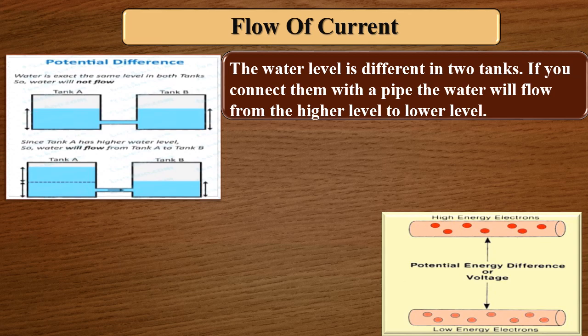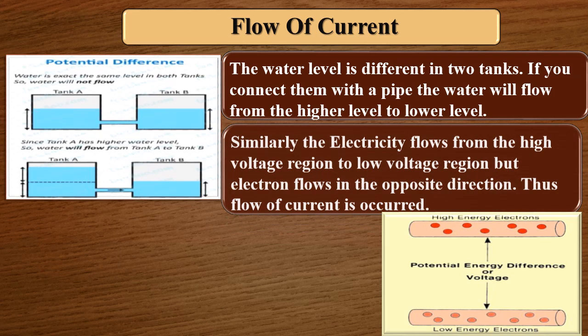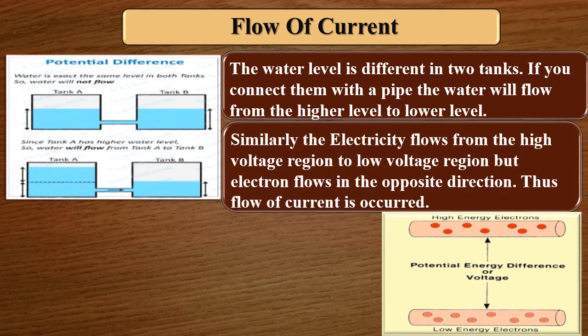That means electricity starts to flow from the higher energy region to the lower energy region. The electricity flows from the high voltage region to the low voltage region, but electrons flow in the opposite direction. Thus, flow of current occurs.